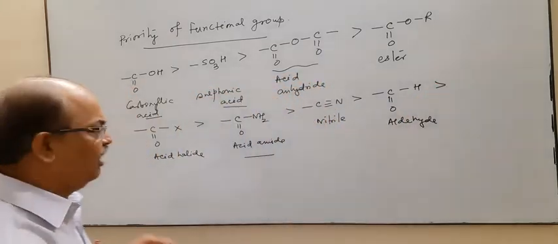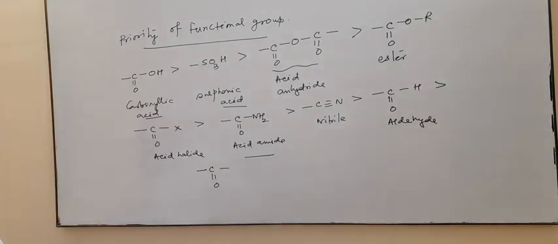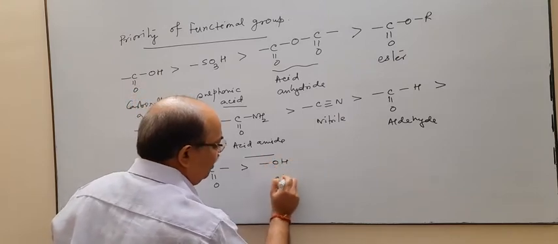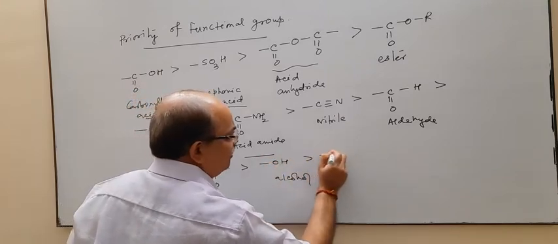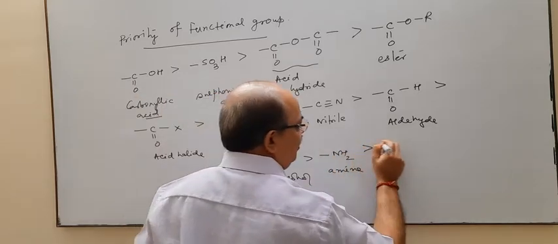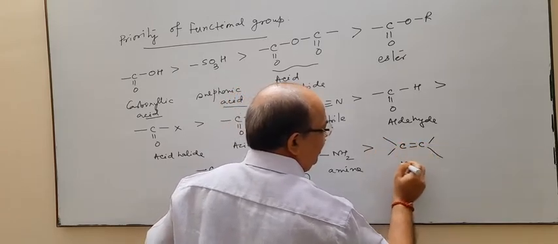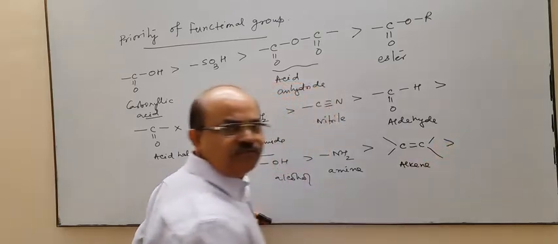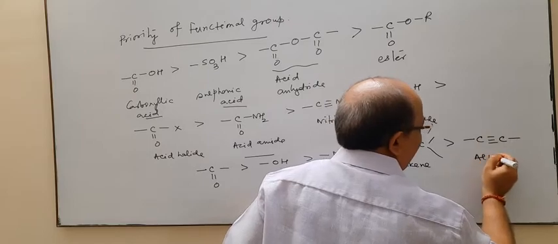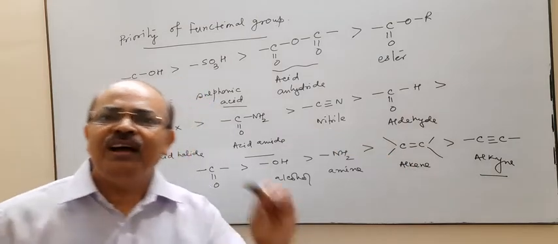Aldehyde is senior to your ketone, and your ketone is senior to alcohol. This is your alcohol, which is senior to your amine. Amine is senior to alkene. Then alkene is further senior to your triple bond, that is alkyne. You will ask, after alkyne what will come? Naturally it will be alkane.